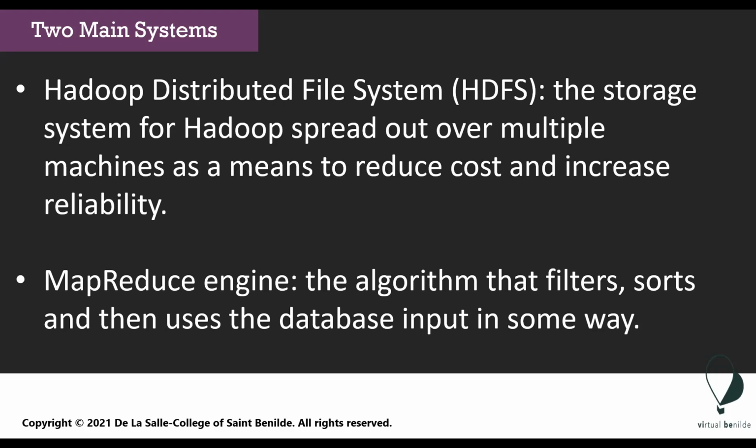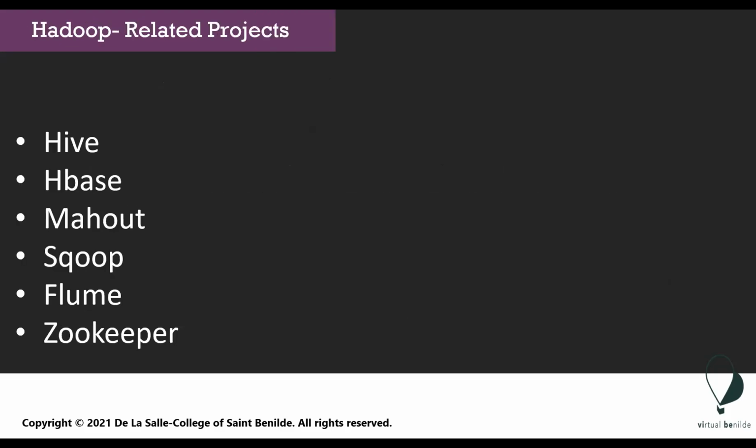Although Hadoop is best known for MapReduce and its distributed file system, the term is also used for a family of related projects that fall under the umbrella of distributed computing and large-scale data processing. Other Hadoop-related projects at Apache include Hive, HBase, Mahout, Sqoop, Flume, and Zookeeper.